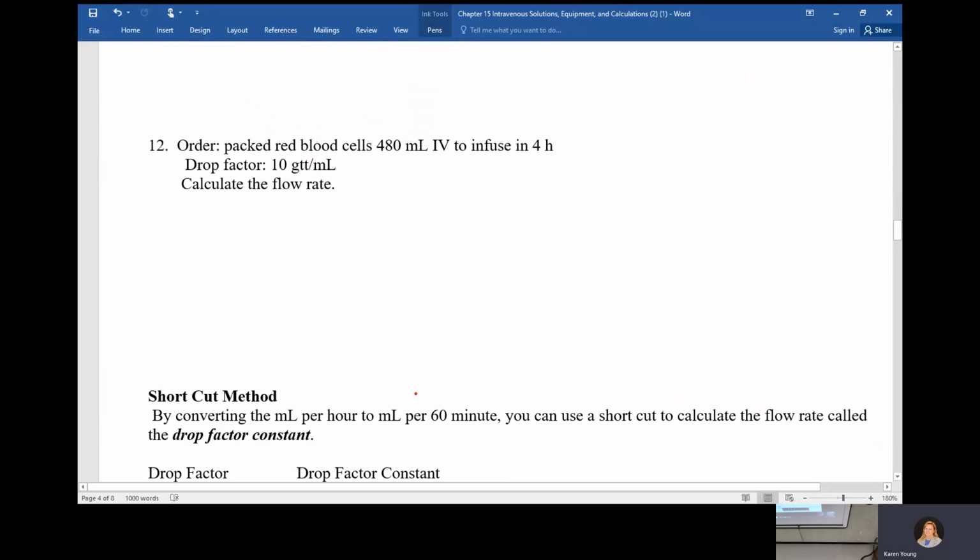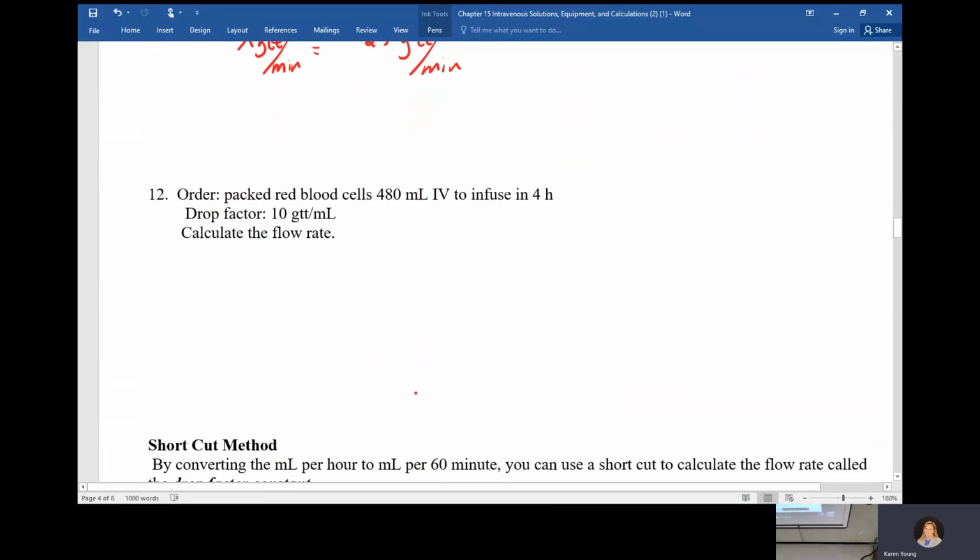Okay, so you don't always run IV fluids through gravity flow. I put this one up there to let you know that sometimes it's more than just IV solutions. They're running red blood cells.